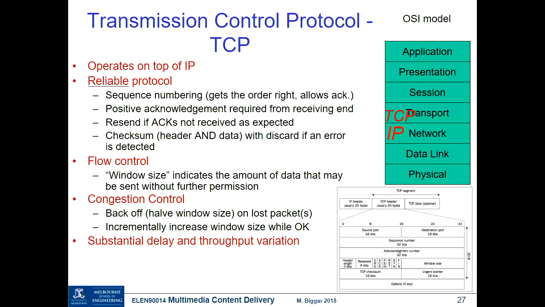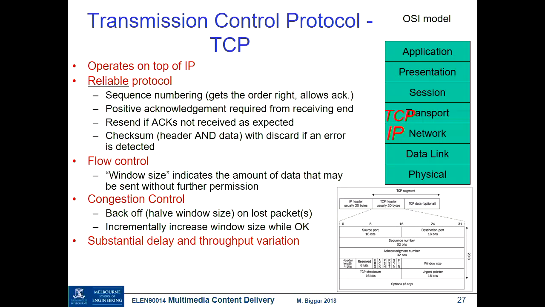TCP also provides flow control, so the receiver can tell the sending end how much data the sender is allowed to send without getting any further permission. That's a way for the receiver to slow down the sender.